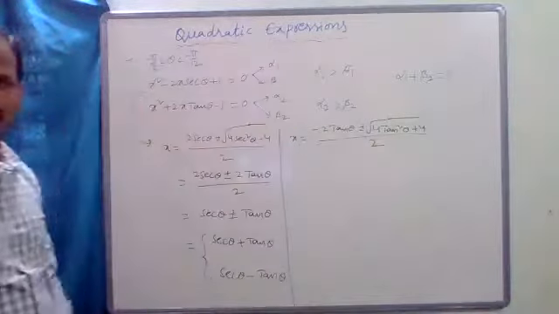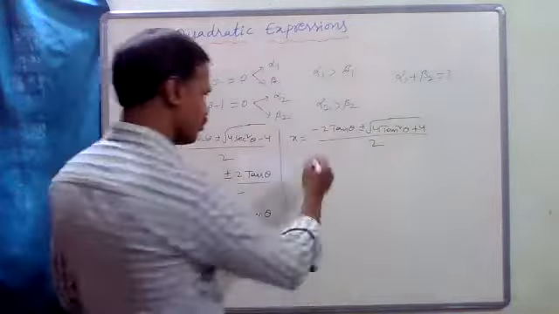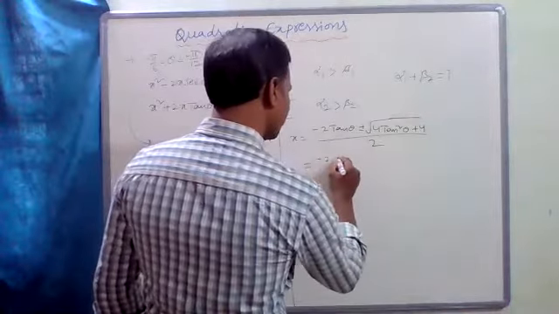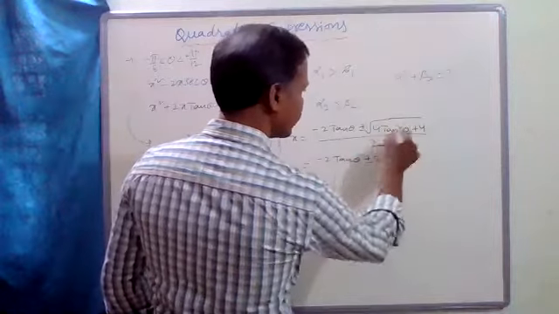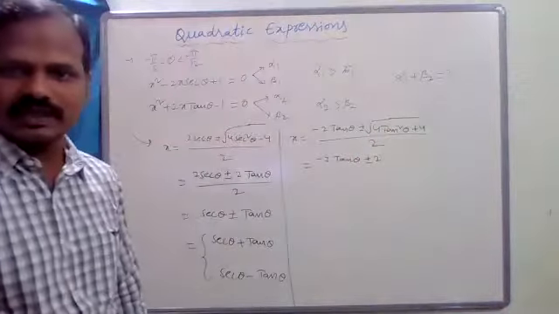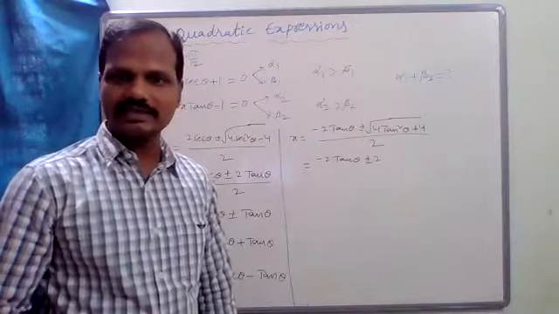So 2. And now from this, minus 2 tan theta plus or minus 2 square root of 1 plus tan square theta, which is secant square theta.